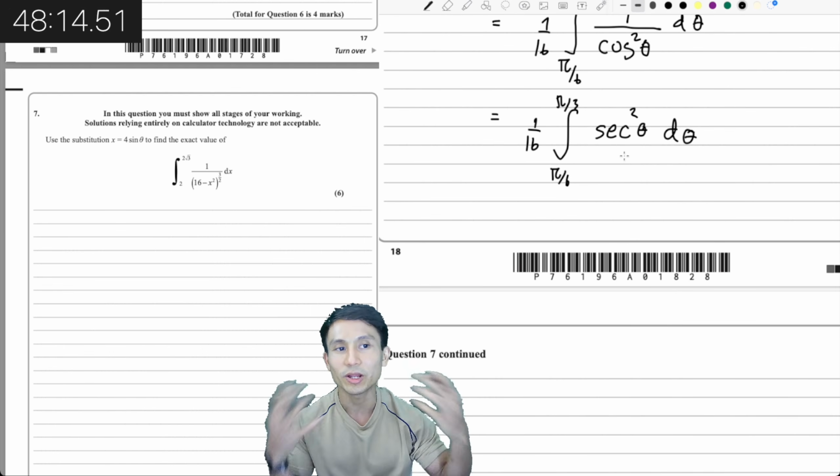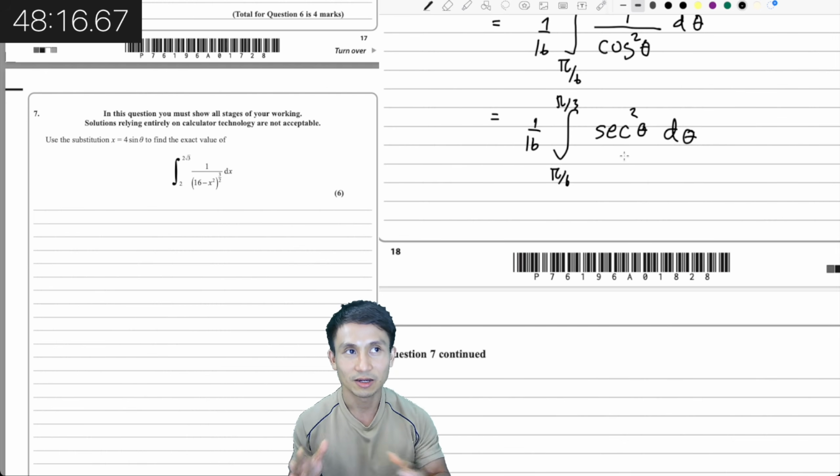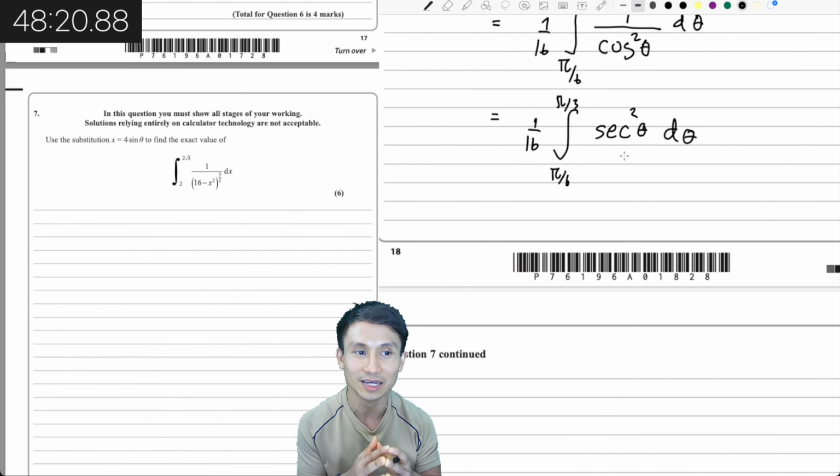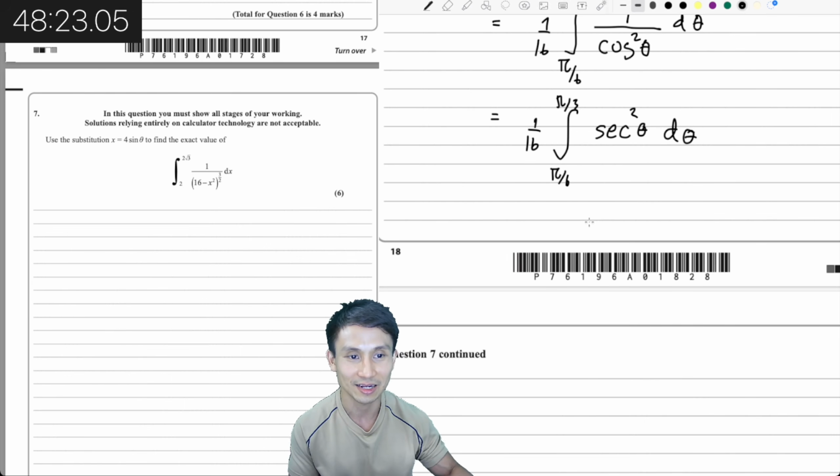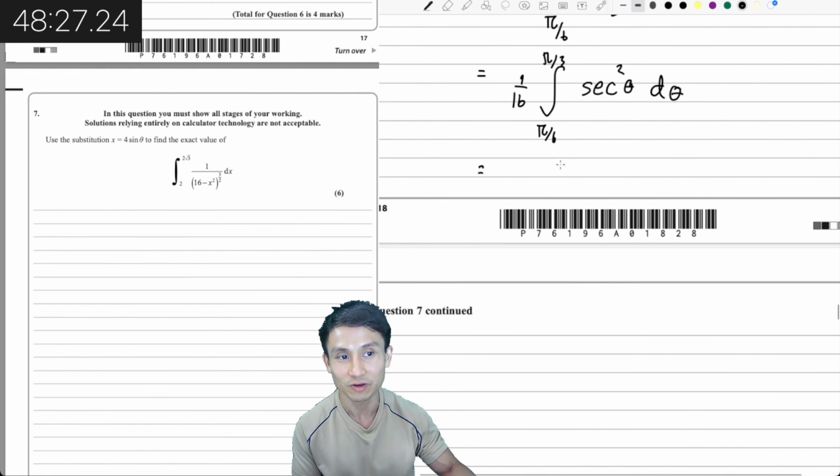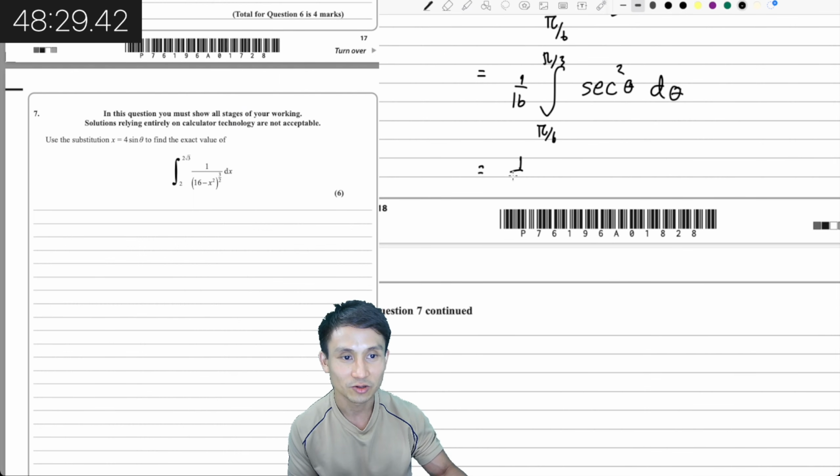Well, if you open up the formula booklet, because differentiating tan, you get sec squared, that means integrating sec squared is going to give you tan. That's just as simple as that. So you get 1 over 16, I integrated already, I get tan theta here, and then putting the bounds in, I get pi over 6 here and pi over 3.